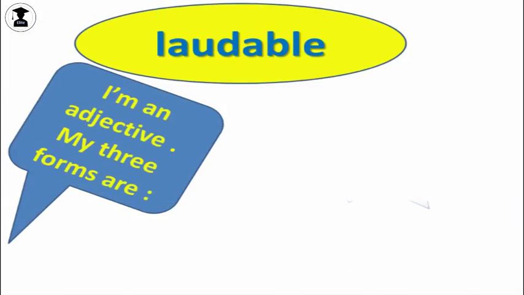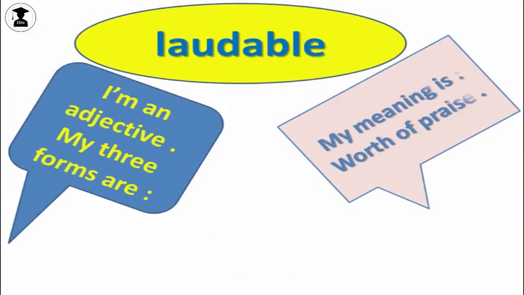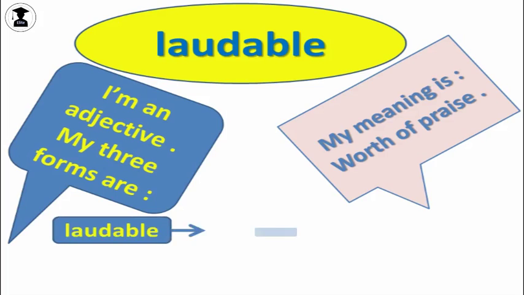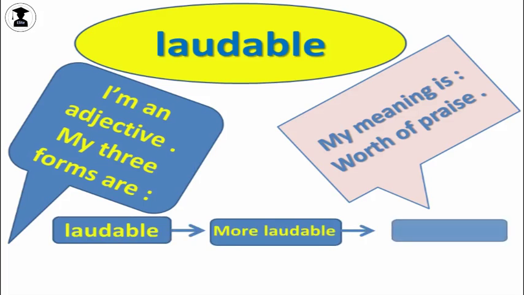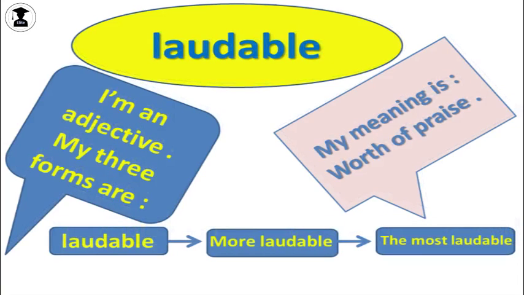Actually, it is a long adjective. Its comparative form is more laudable than or less laudable than, and its superlative form is the most laudable or the least laudable. The meaning of the adjective laudable is worthy of praise.